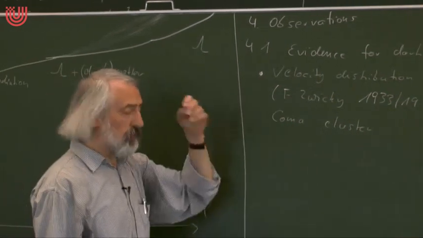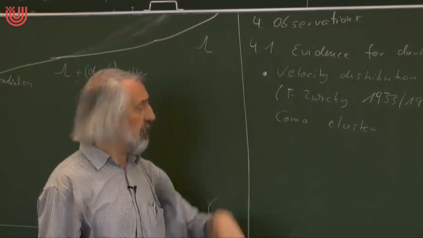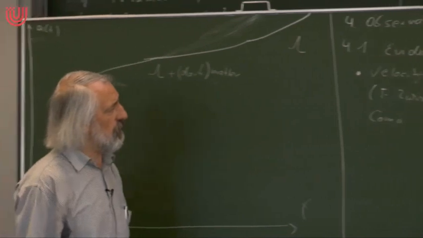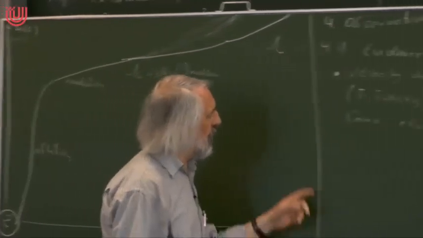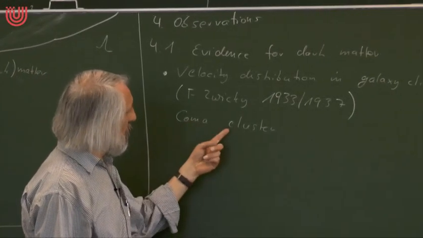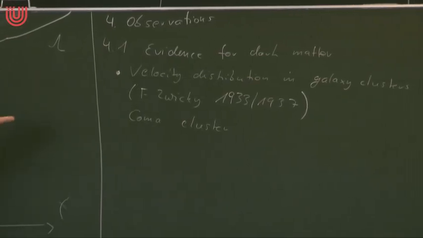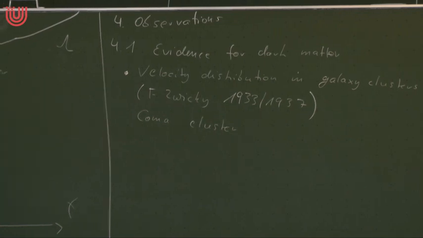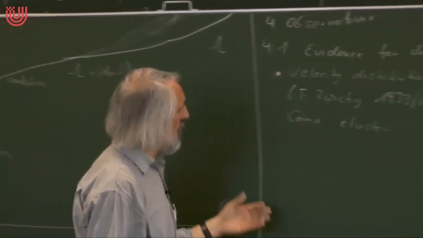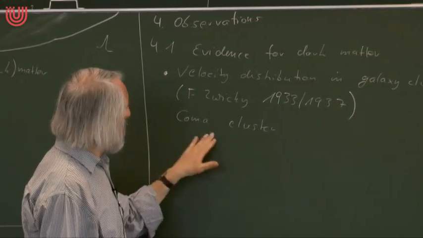So that's the constellation Coma Berenices, which is now in the springtime high in the sky. So you can see it nicely in the evening. What you see there is a galaxy cluster, something like 1,000 galaxies, already at this time in the 1930s. So Zwicky had already something like 1,000 galaxies available, and he had observations on them.